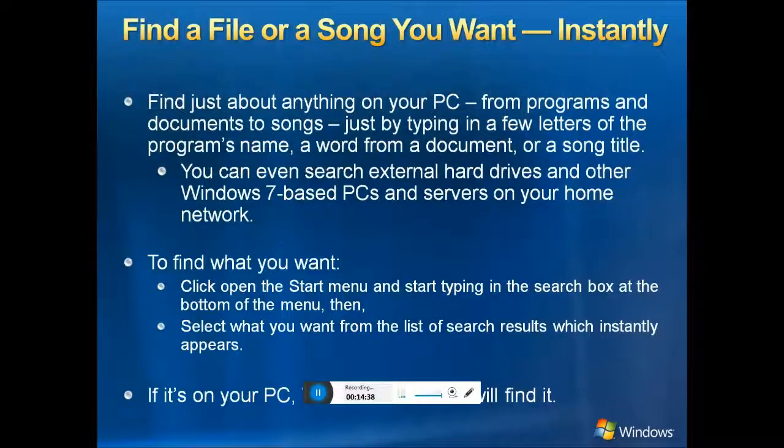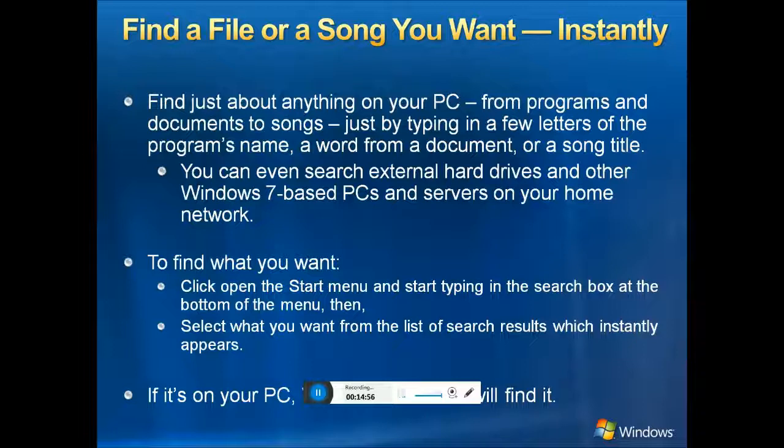Personalize your PC. Find files or songs you want instantly. Find just about anything on your PC, from programs and documents to songs. Just type a few letters of the program's name, or words from the document or song's title.